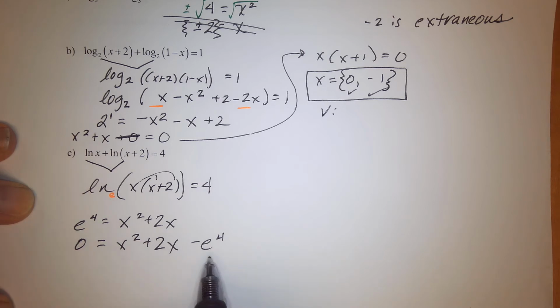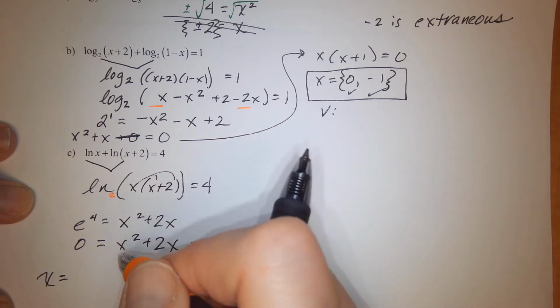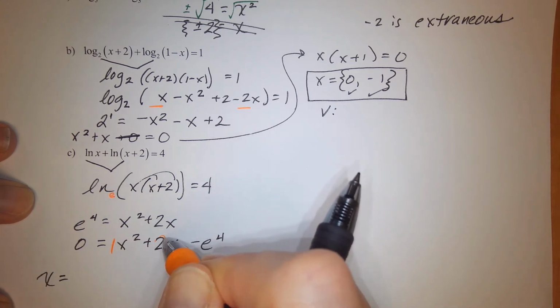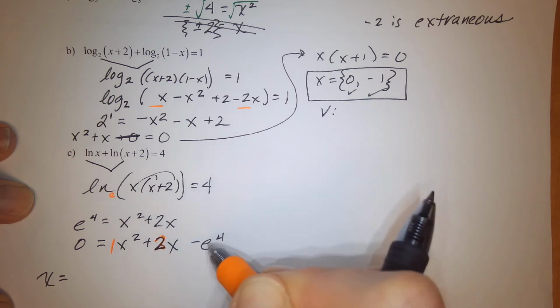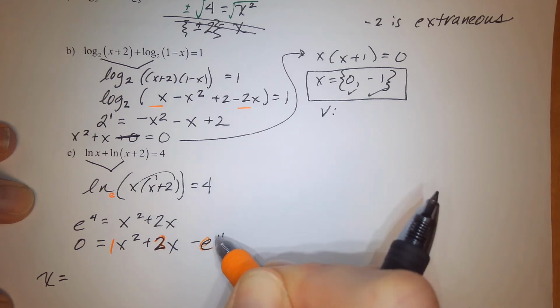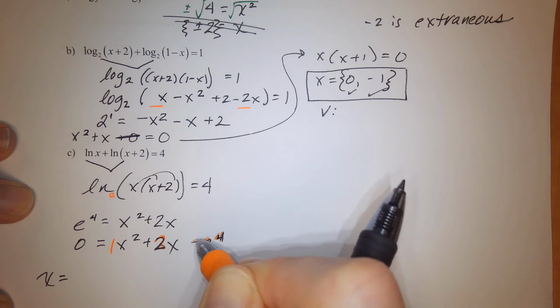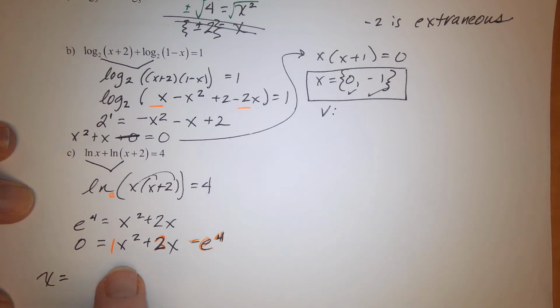I would have no clue how to factor this, so we're going to use the quadratic formula to find out what x actually is. So to find x, we're going to put these coefficients, 1, 2, and e to the 4th power in for a, b, and c.